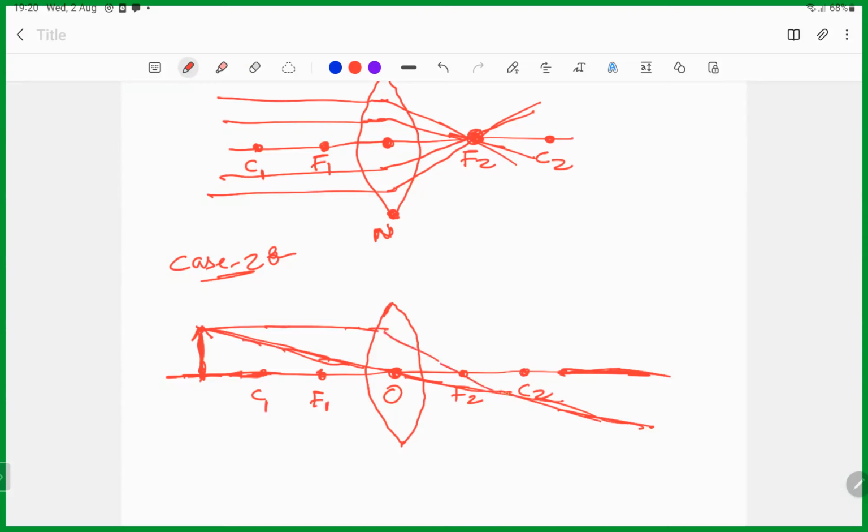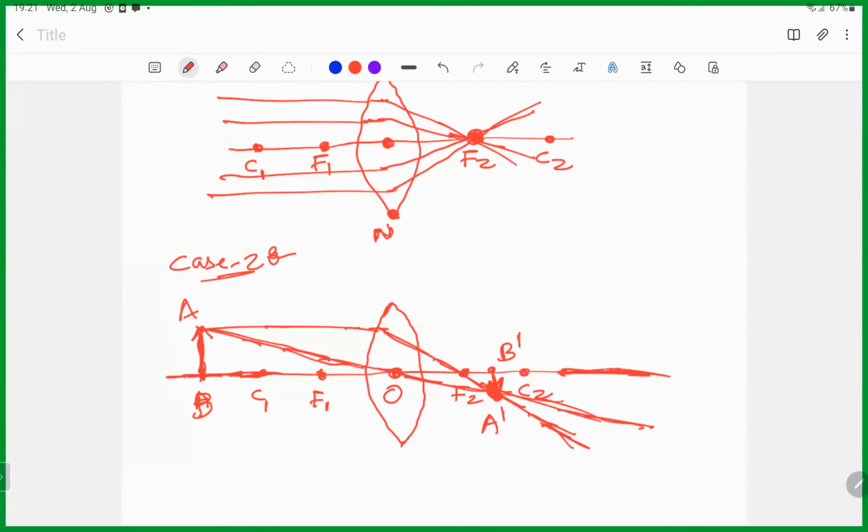Then where is the image forming? Between C2 and F2, right? So let's say this is B dash, this is A dash.